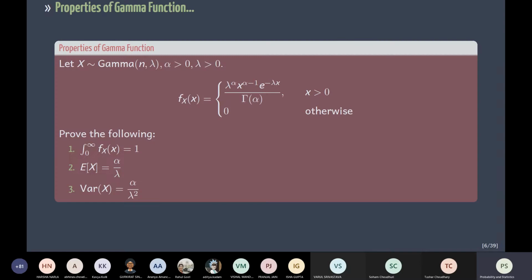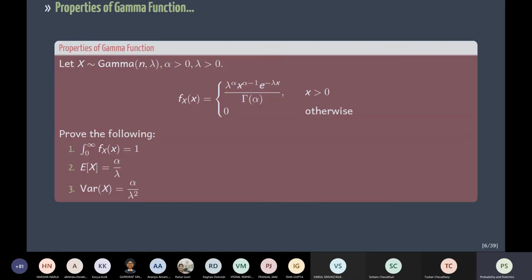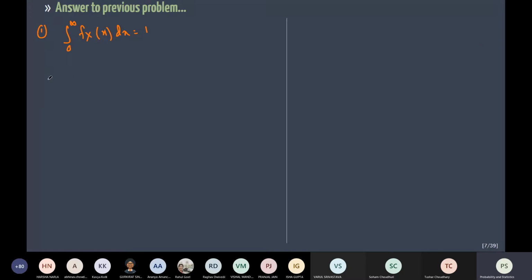So we can try to prove these properties. The first property is that the integral from 0 to infinity of f_X(x) dx must be equal to 1. This is what we have to prove. And f_X(x), if you recall, is lambda to the alpha, x to the alpha minus 1, e to the minus lambda x, divided by gamma alpha.